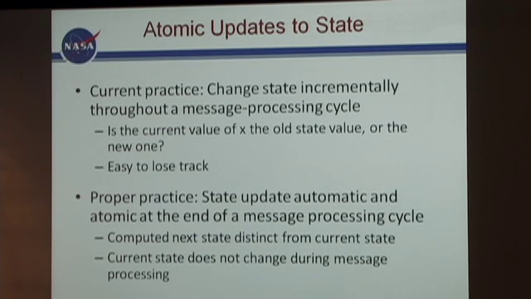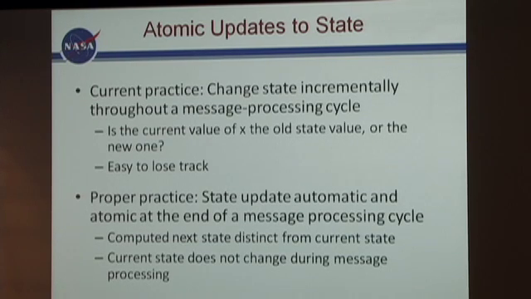And in fact, the GNC team on MSL, the guys who write the estimators and controllers, decided that they'd had enough errors in the past, enough trouble in the past, that they wanted to separate current state from next state. So in fact, that code is written without the aid of a language, and therefore without the aid of detecting whether or not they made a mistake and forgot or took a shortcut someplace.